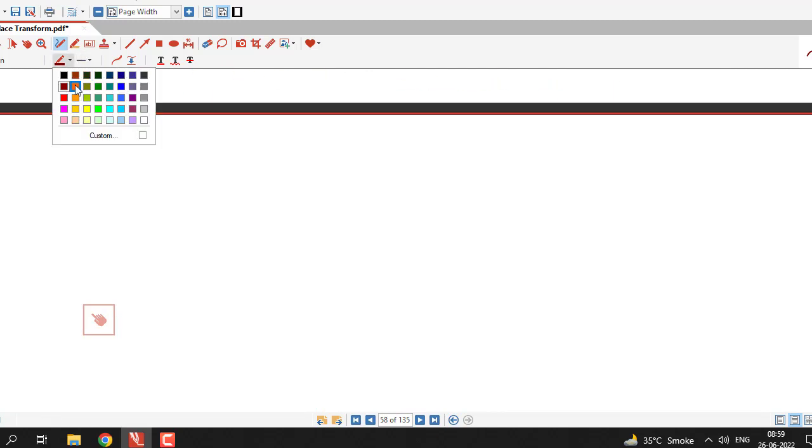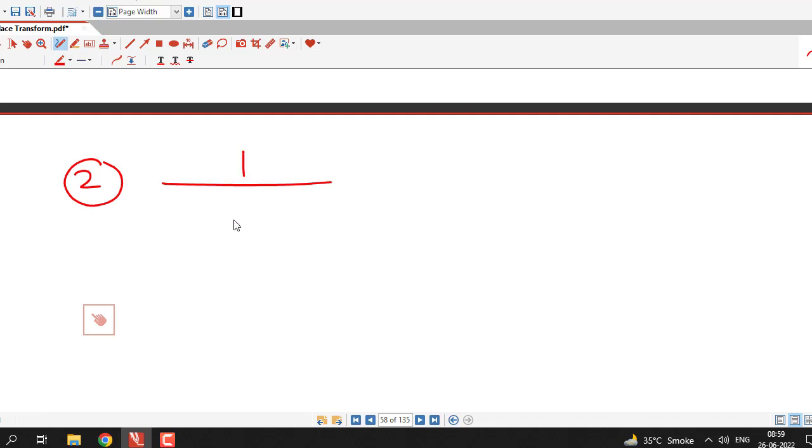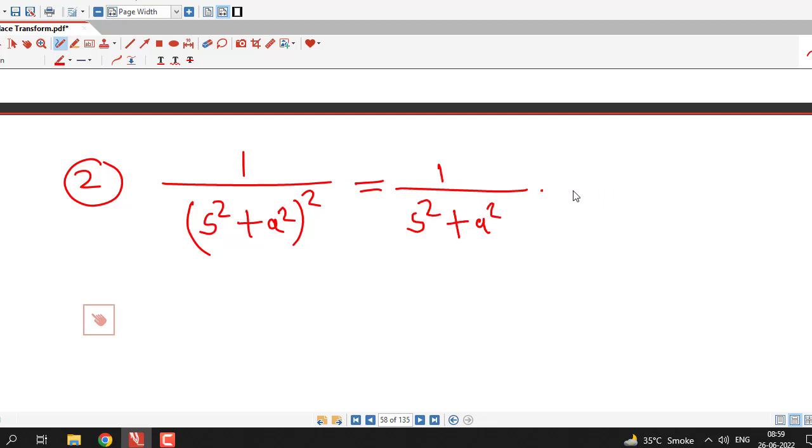Now we try to prove this second formula. In the second part we have 1 divided by the square of (s square plus a square). So this also I write as the product of 1 by (s square plus a square) with itself.